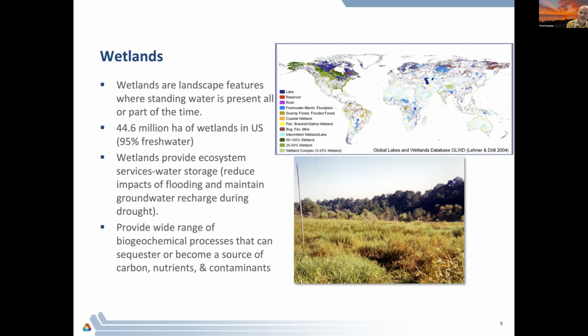But all of these processes that are occurring here play a large control on the availability of nutrients, contaminants, and, as I said earlier, the migration and the movement of carbon and exchange between the atmosphere and the terrestrial environment.